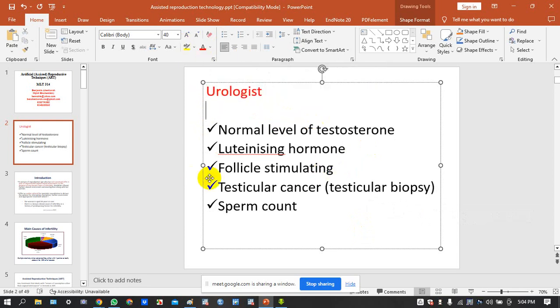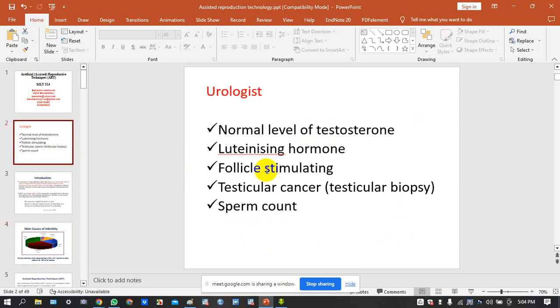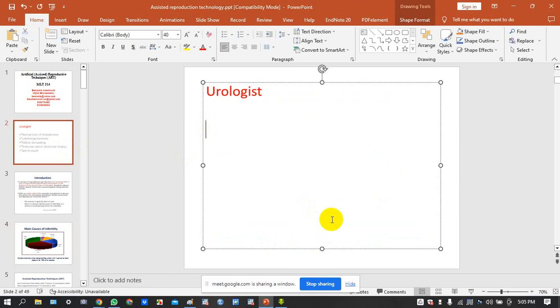Okay, so let's also see other causes of infertility. Cervical causes. Is the woman having cervical cancer? We have finished with the male, so I can delete it.